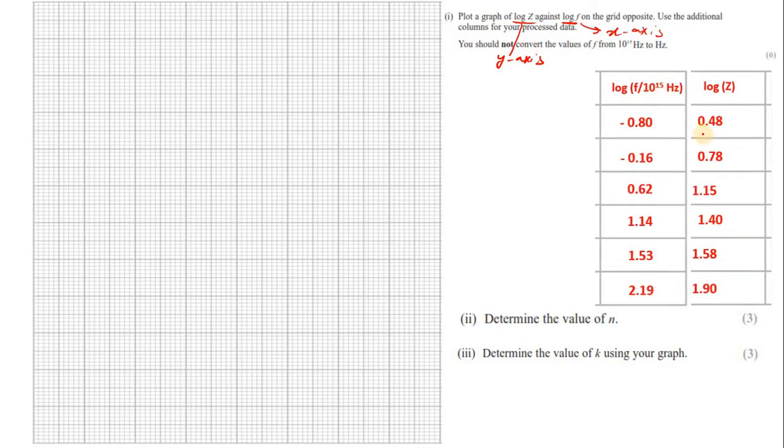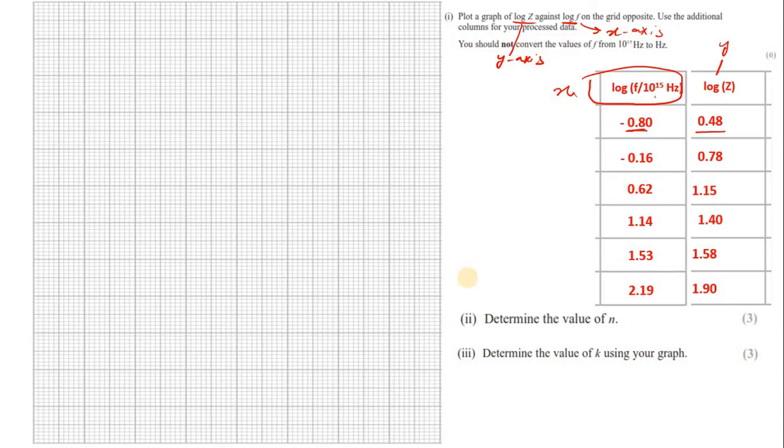So this is now log of f, which is the first independent value, I put it on the x-axis, and this is log of z for the y-axis. So for negative 0.8, I will plot 0.48. First I choose the axes so that I can have an appropriate region to be covered.